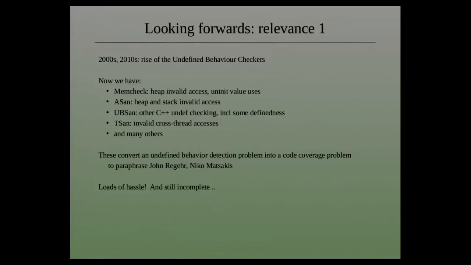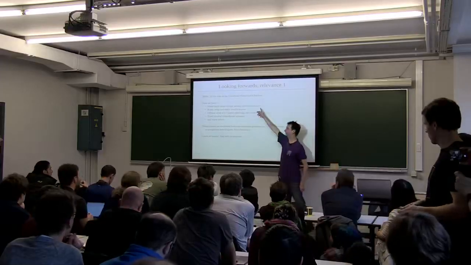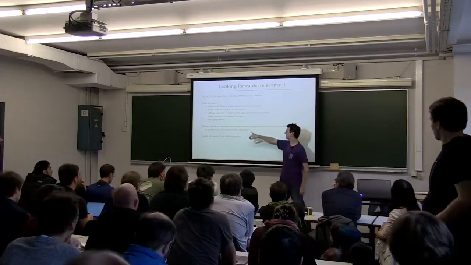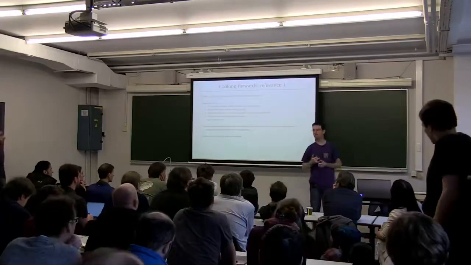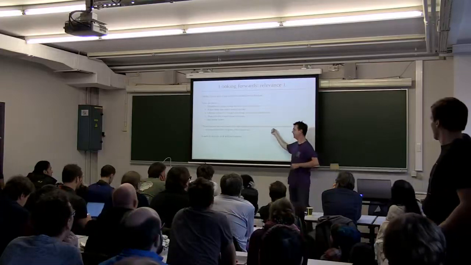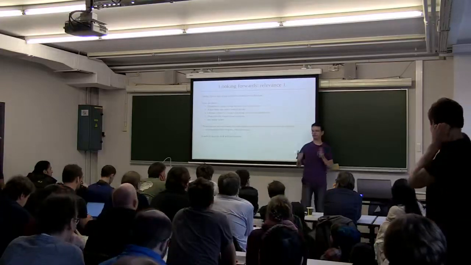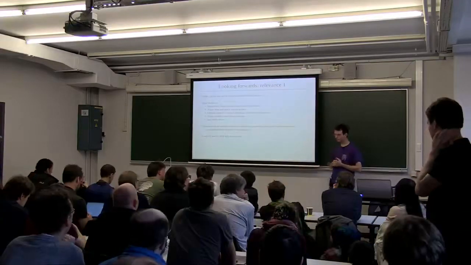The effect of all of these tools, if you take them together, is that they find lots and lots of cases in C++ in particular where the behavior is undefined. So we have undefined value uses. For example, ubsan will find shifts that have undefined behavior in C++. There's a lot of that. So the effect of this is to really take a problem about finding undefined behavior in C++ and turn it into a code coverage problem.